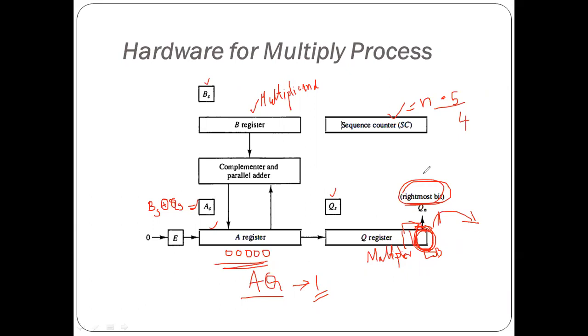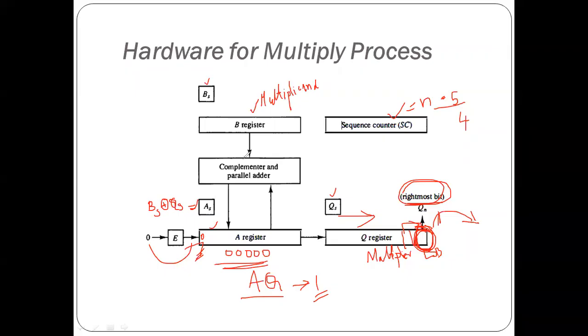If this bit is 0, then addition will not happen, only a right shift by 1. This combined AQ register shifts every time. Whenever we shift right by 1, the extra bit placed in the most significant position of the A register is always 0, because we are dealing here only with the magnitude.